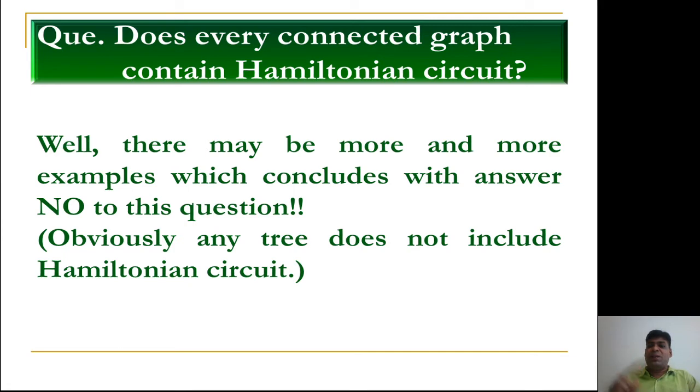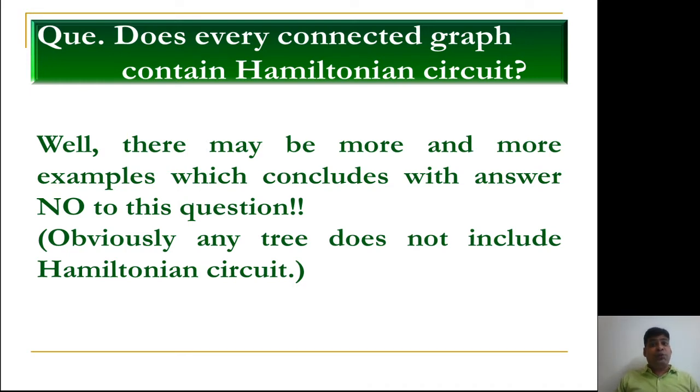Now take the example of a tree. What is a tree? A tree is a connected graph without circuits, a connected acyclic graph. Acyclic means a graph without cycles. Since it does not contain any circuit, it can never have a Hamiltonian circuit. So any graph without a circuit obviously cannot have a Hamiltonian circuit. So a tree is an example which is a connected simple graph, but it does not have a Hamiltonian circuit.